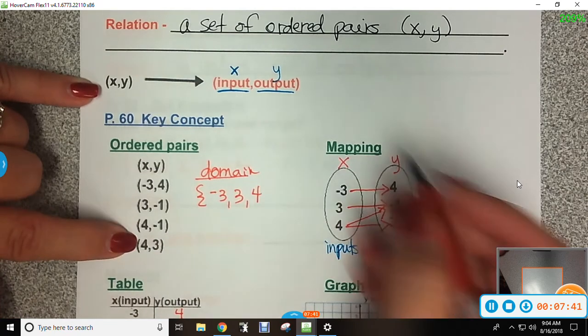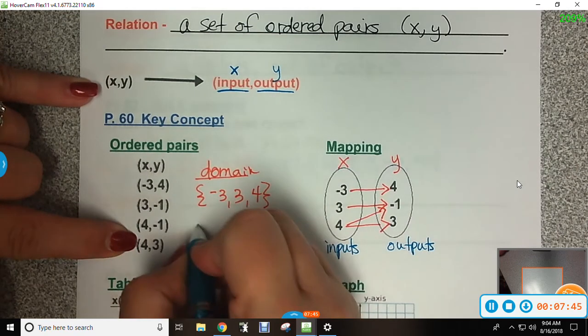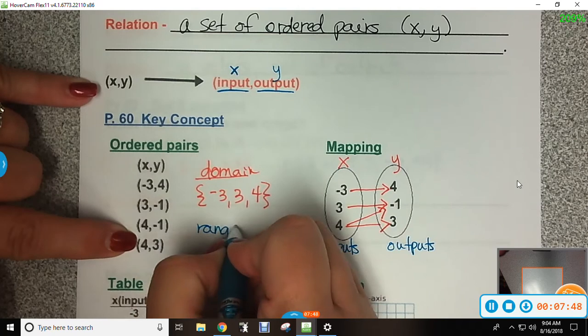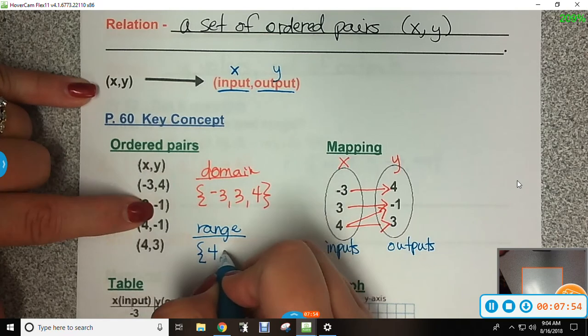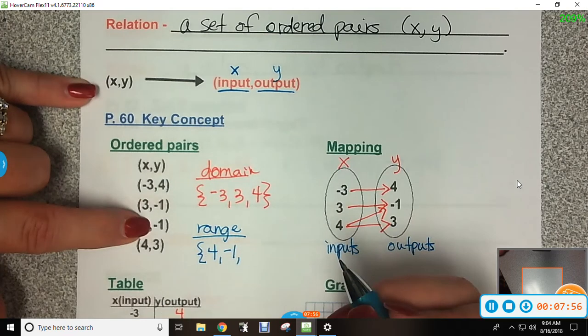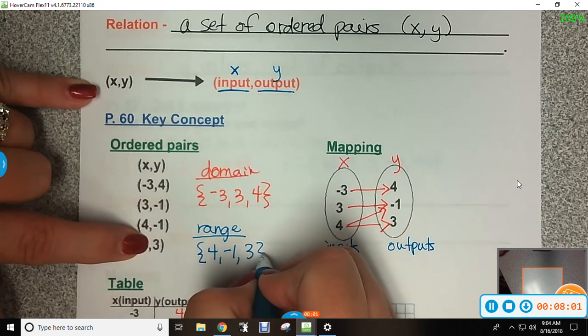You've got it twice, but you only have to write it once. Your range, I have for my y values a 4, -1, another -1, which I'm not listing again, and a 3. Okay.